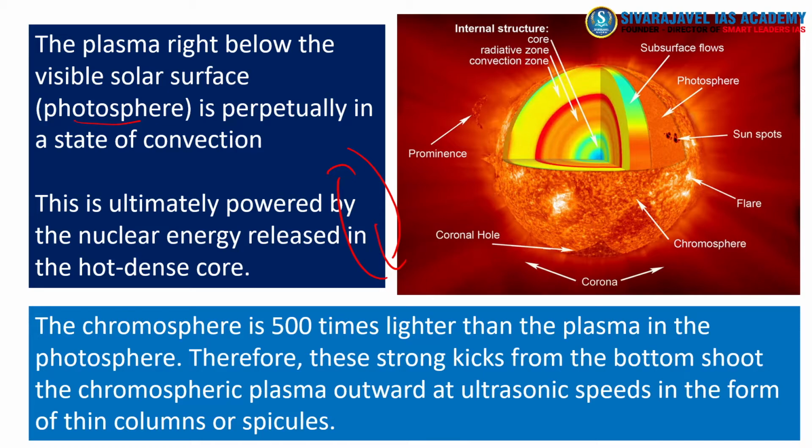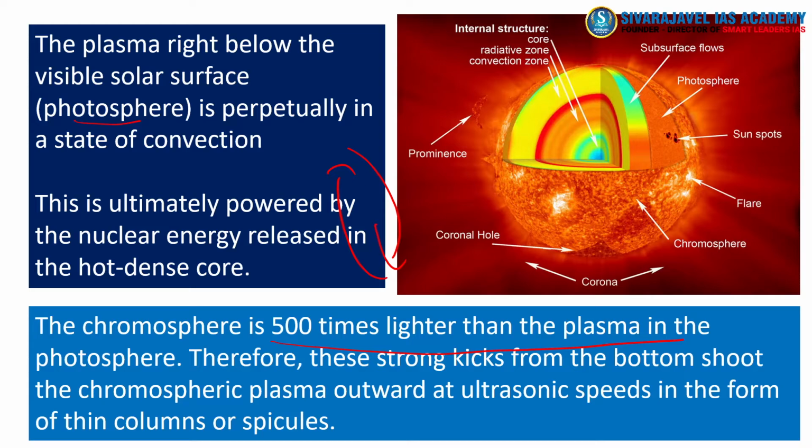This convection is powered by the energy at the center, that is the nuclear energy at the core of the sun. This chromosphere is 500 times lighter than the plasma. So something lighter is on top and something heavier is beneath it. The denser one will try to go down and the lighter one will try to come up, always.